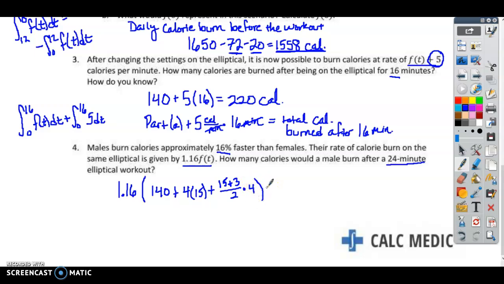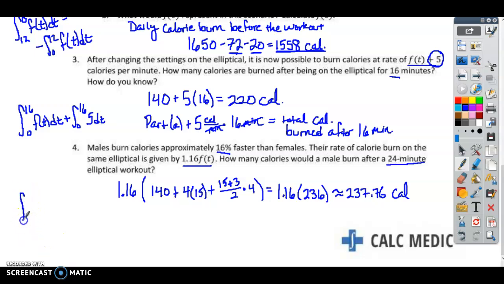All right, so we've got that guy there. Well, you throw all that into the calculator. You've got 1.16 times, I believe it's 236, which gives me approximately 273.76 calories. And so what have we got going on here? Well, we've got the integral.